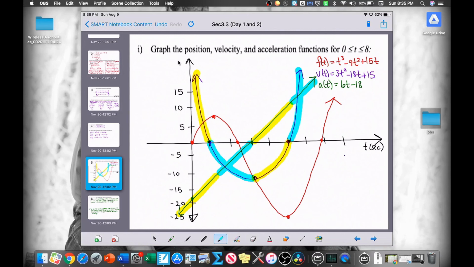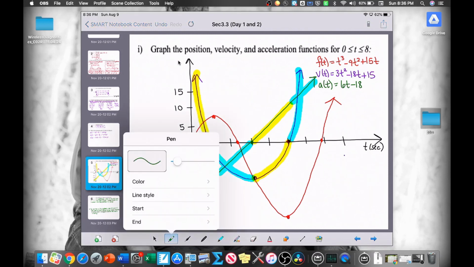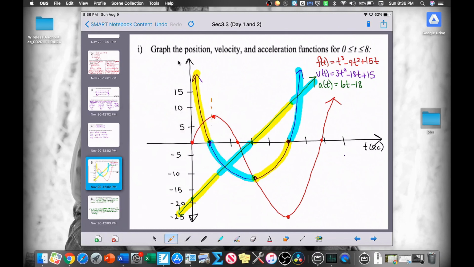The velocity and acceleration have the same sign, looking along the x-axis, between t equals 1 second and t equals 3 seconds, where they're both negative, and from t equals 5 seconds on, where they're both positive. But from 0 to 1 second and from 3 to 5 seconds, they have opposite signs, so the particle is going to be slowing down.